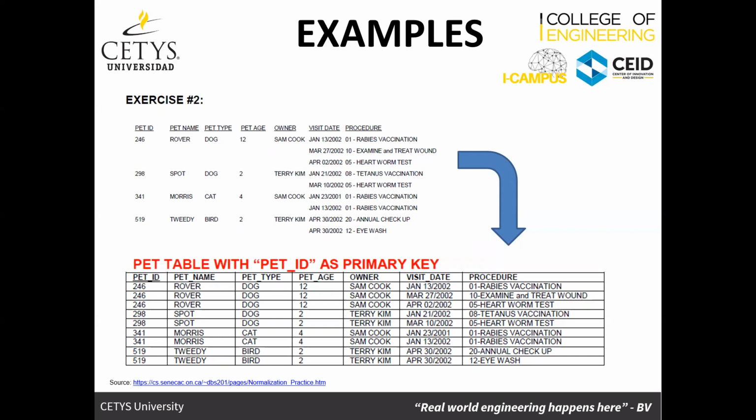It's not the ideal way to store this data because, again, we've got values that aren't atomic, and we have a combination of different types of entities. We've got pets, we've got owners.